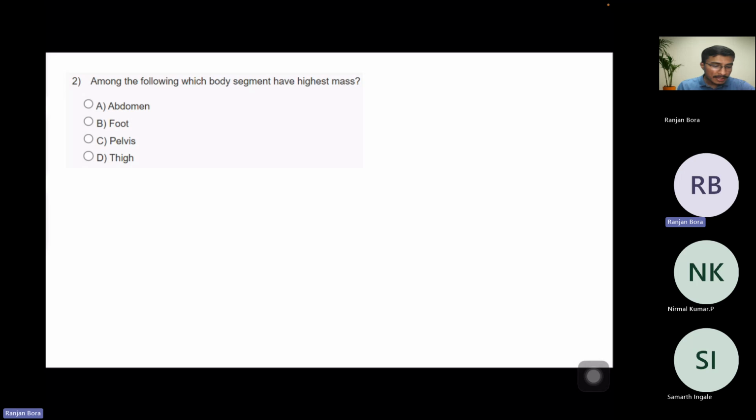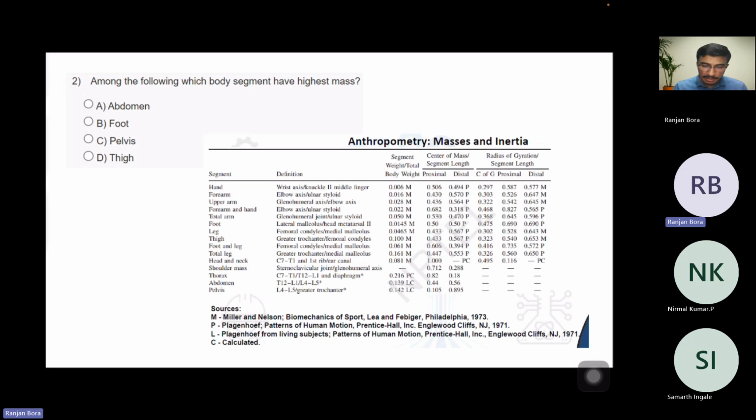The second question was: among the following, which body segment has the highest mass? What is the answer? No, not A. It is the pelvis. In the slides, there is a chart.